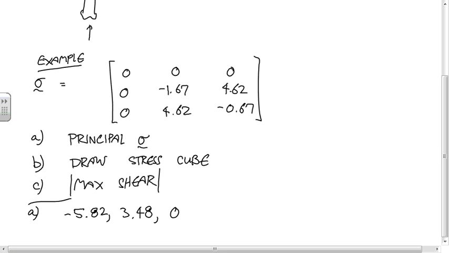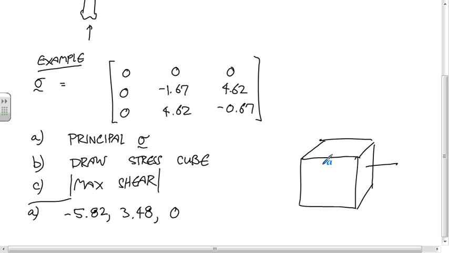And so the stress cube has one compression, doesn't matter what axis you draw this on, and the compression is 5.82 megapascals. One tension, 3.48.